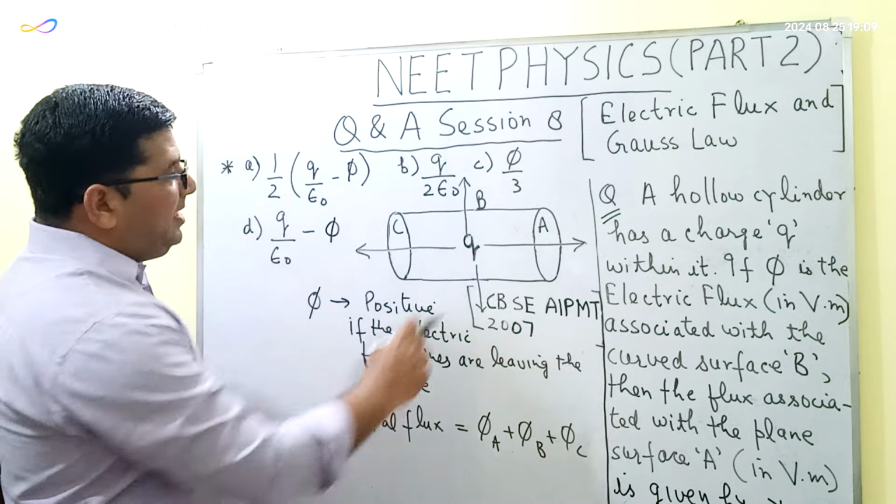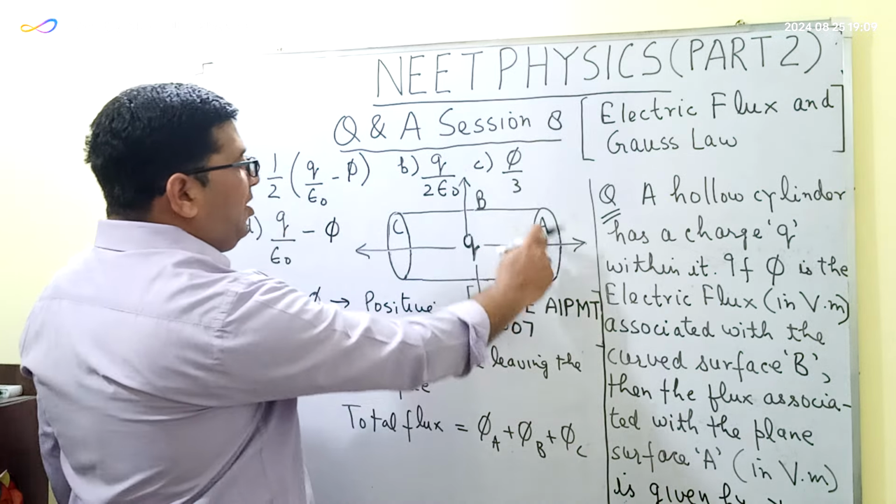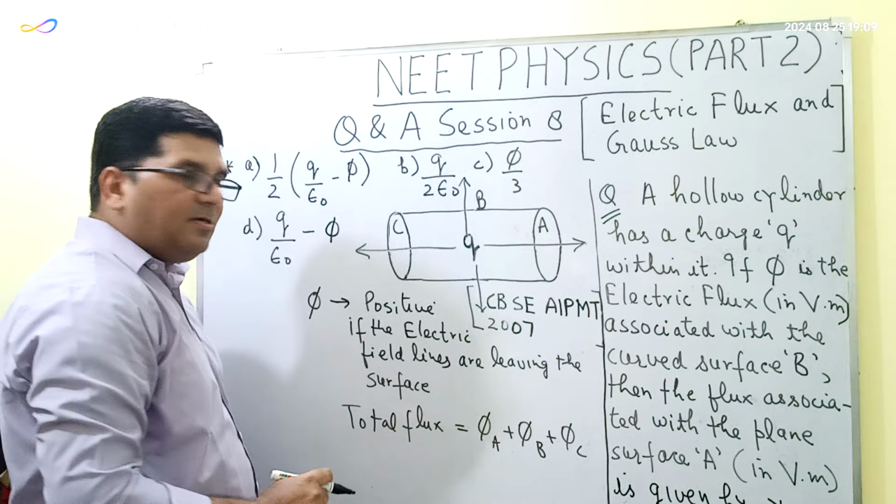Now here the cross sectional areas of A and C are equal.